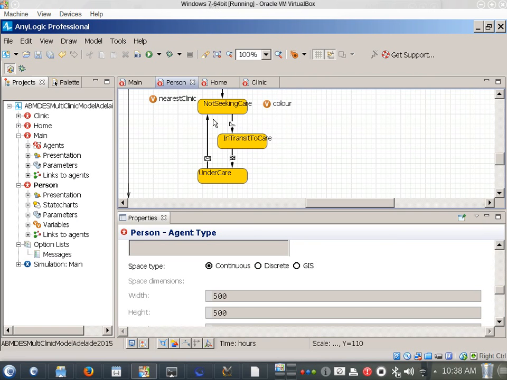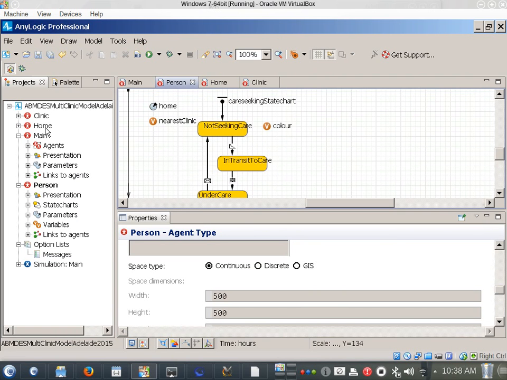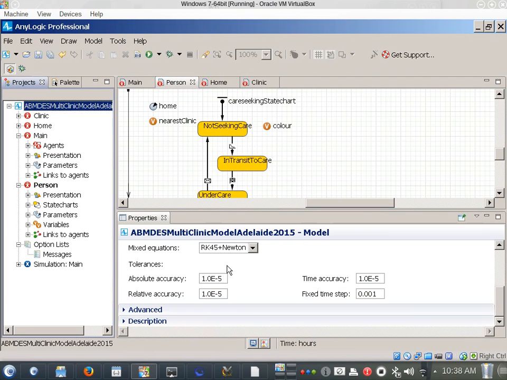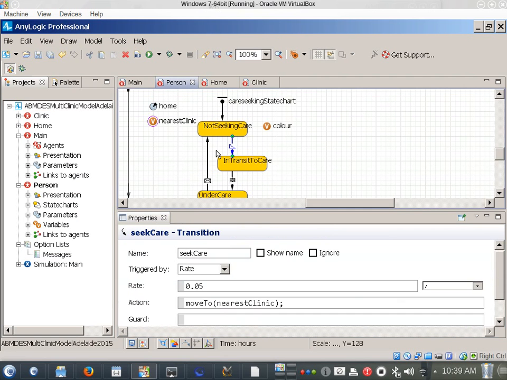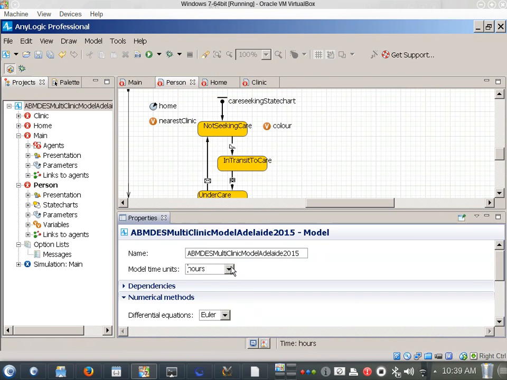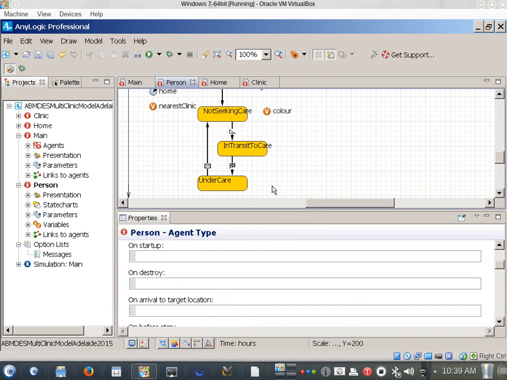Okay, so I'd like you to do two things. The first thing is to go to the model as a whole and set the model time units to hours. Now that's not going to change any of the existing time units you've specified in the model time constants for transitions, but that's fine. That's exactly the point. I want it to be based on hours, which will be a natural time unit in which to describe care processes.